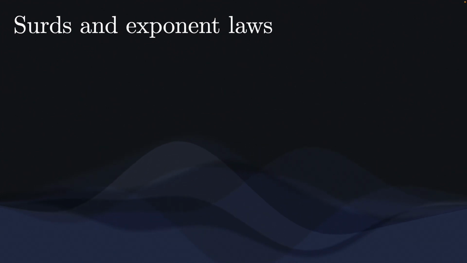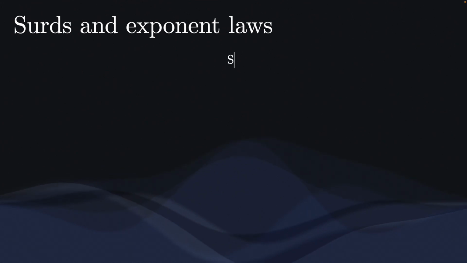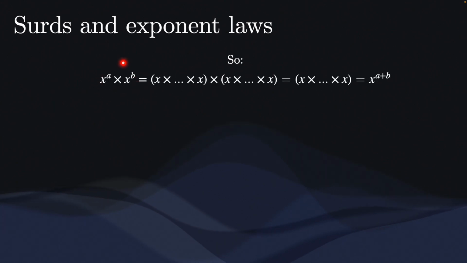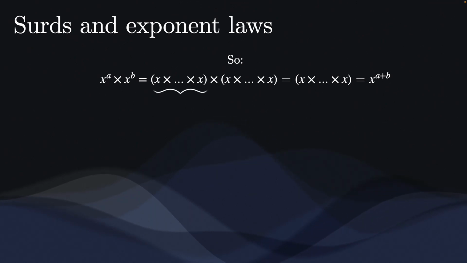The first thing we can find is what happens if we have x to the a, some number x with some exponent a, multiplied by some number with some exponent b. Let's go through this together. If we have some number x with an exponent of a, times that same number x with a different exponent, x to the a is just x multiplied by itself a times, right?